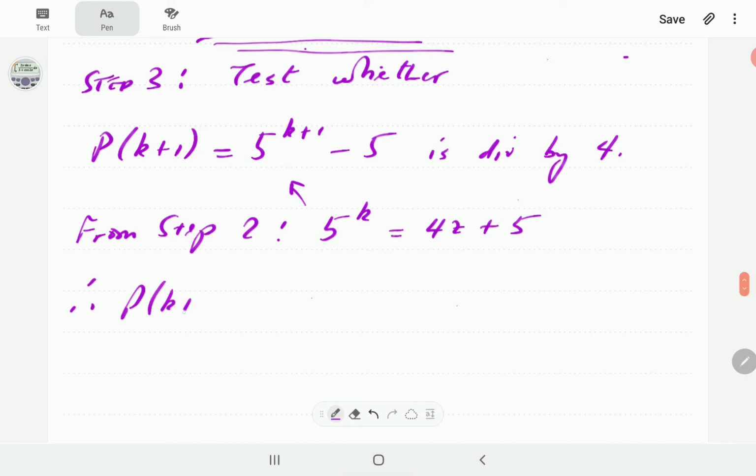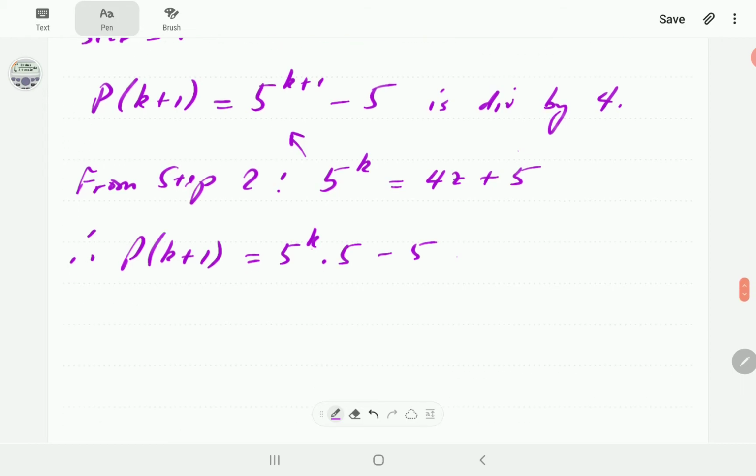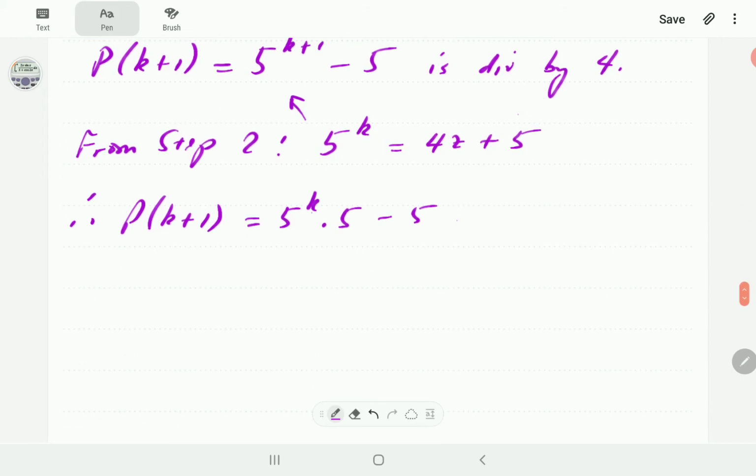So notice that 5 to the power k plus 1 you can write as 5 to the power k times 5. And then we're going to take this here and substitute it there.